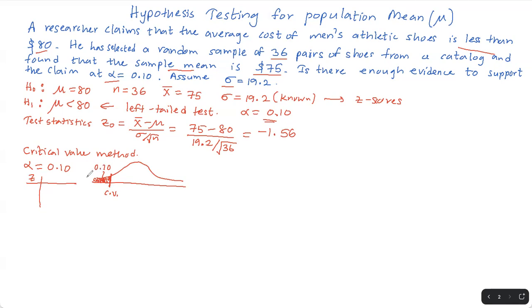You will find the closest number to 0.10 is 0.1003. Locate the z-score: negative 1.2, and the second decimal place is 0.08. So this critical value equals negative 1.28.